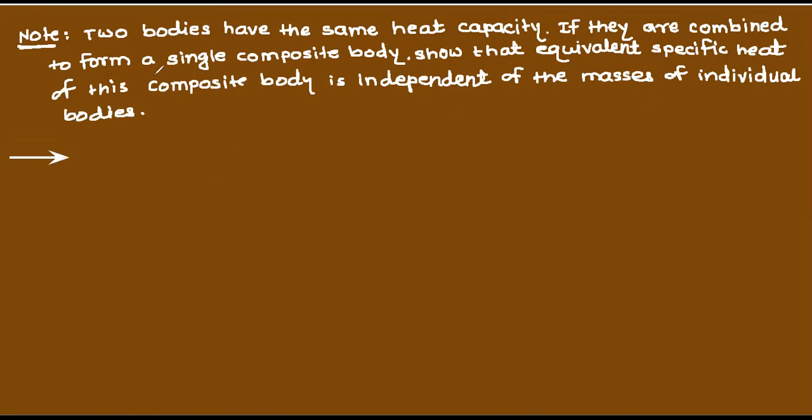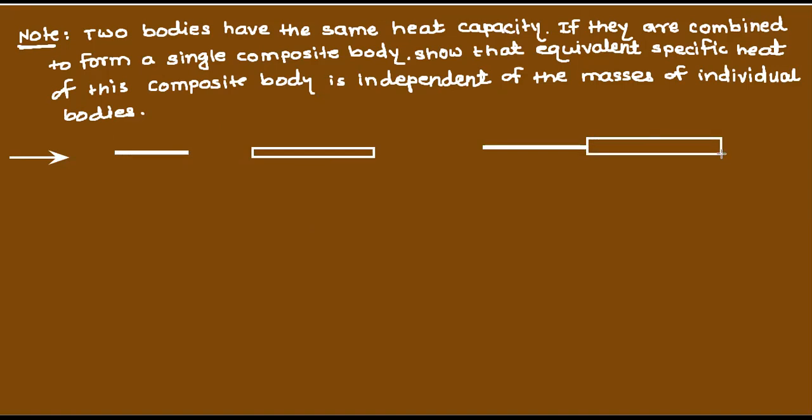Now see, two bodies have the same heat capacity. So let's take two bodies. I am taking this as body 1, and then I'm combining these two bodies to one another, something like this.